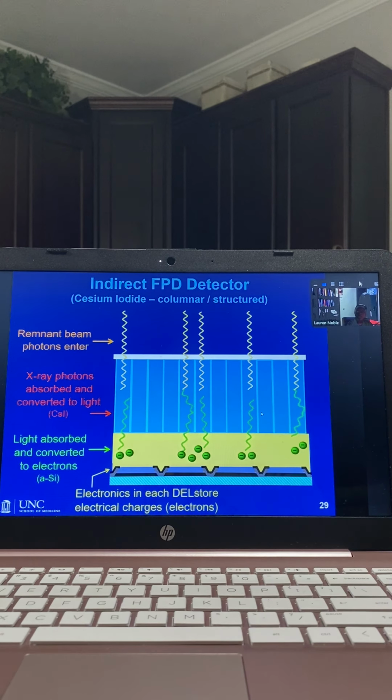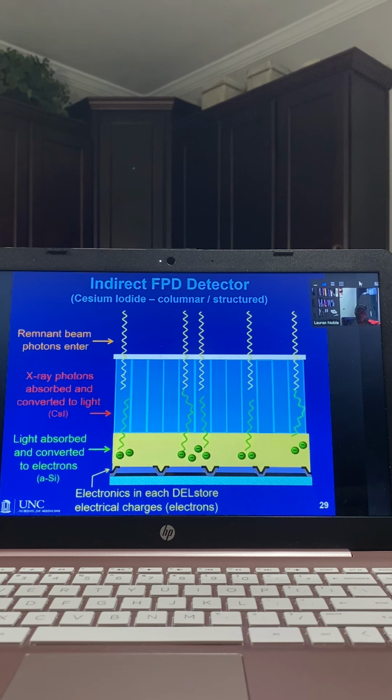So this is what this looks like, all magnified here. The remnant beam comes in, and this scintillator layer, in this particular case, happens to be cesium iodide, and it kind of looks like this with these stripes here, and we'll see this in a second a little better. But that remnant beam comes in, and it interacts with the cesium iodide, and the cesium iodide will convert those X-rays to light photons.